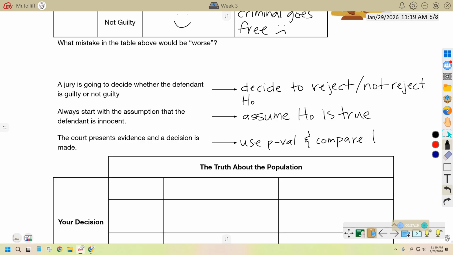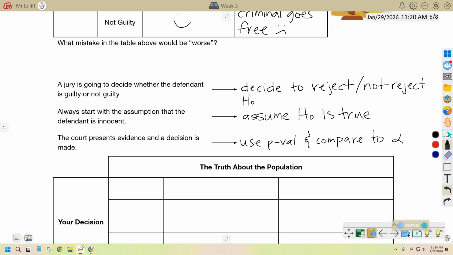We use the p-value, we compare it to our level of significance, we make a decision. Good. That p-value, the probability that I get a sample as extreme or more extreme than the one that I selected, that is my evidence used to make a decision. Good. Good.